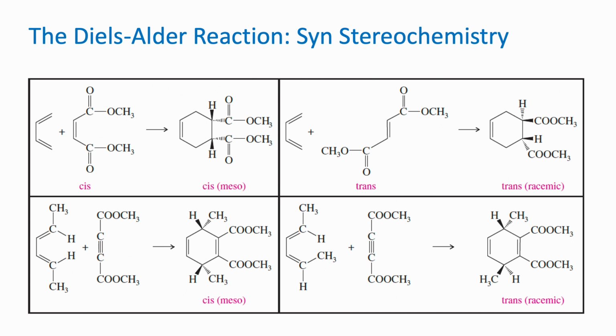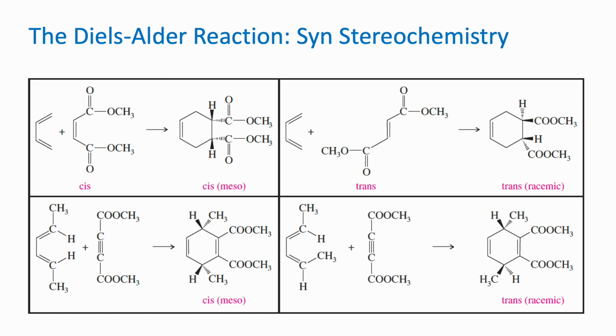So for lack of a better term here, we'll call the ones that point straight up and straight down axial, and the ones that point up into the side and down into the side equatorial. Those equatorial groups on our diene are the ones that become wedges. Okay, so in our first example, the equatorial groups are both H's. Therefore, the wedges on our product are both H's.